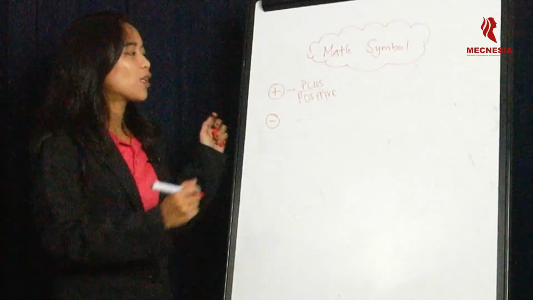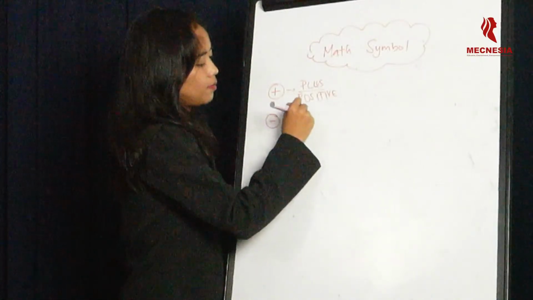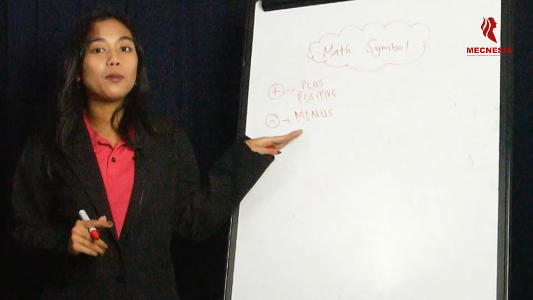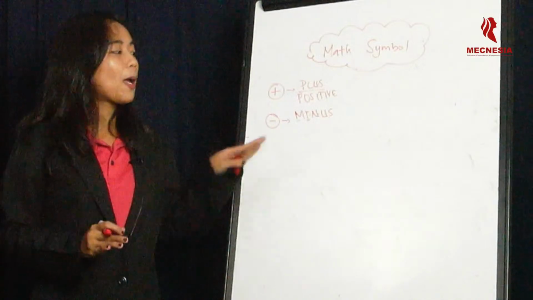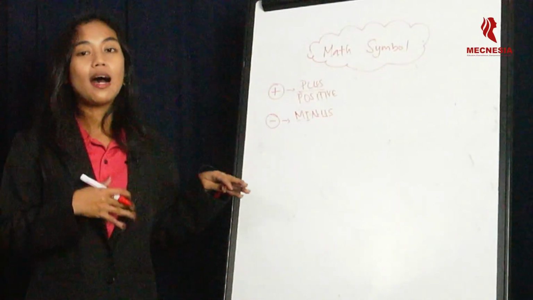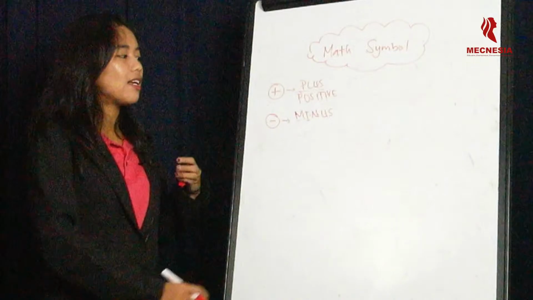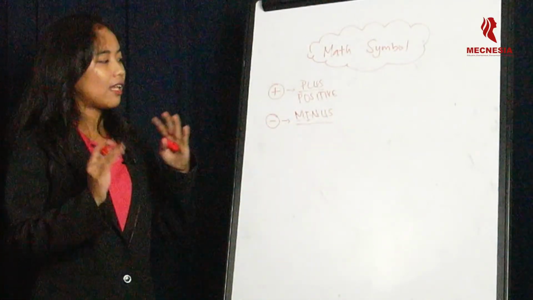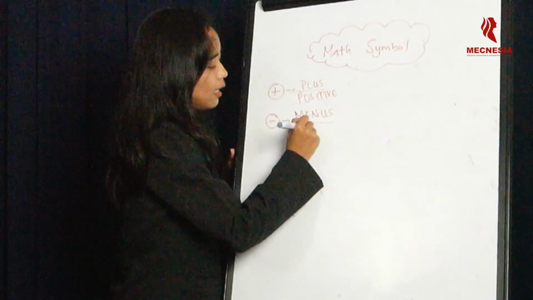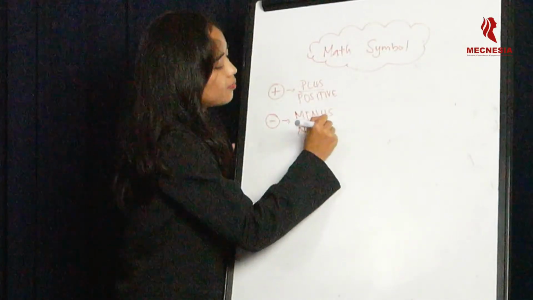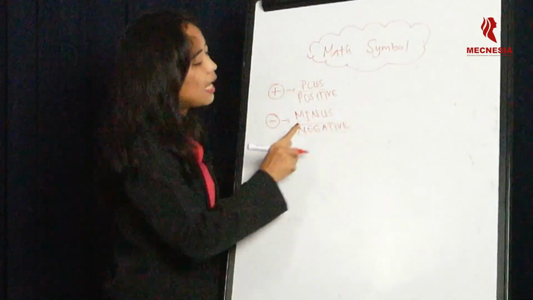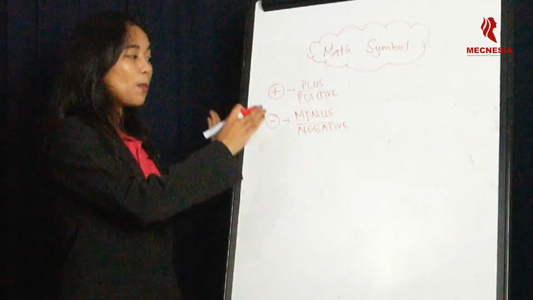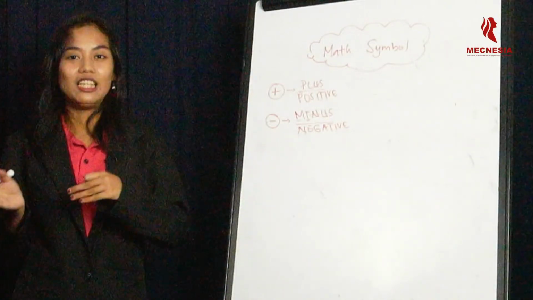Next we have kurang. Kurang in English is minus. Let's pronounce it together. Minus. Or sometimes we also call it, atau kadang-kadang juga disebut, negative. Minus or negative.